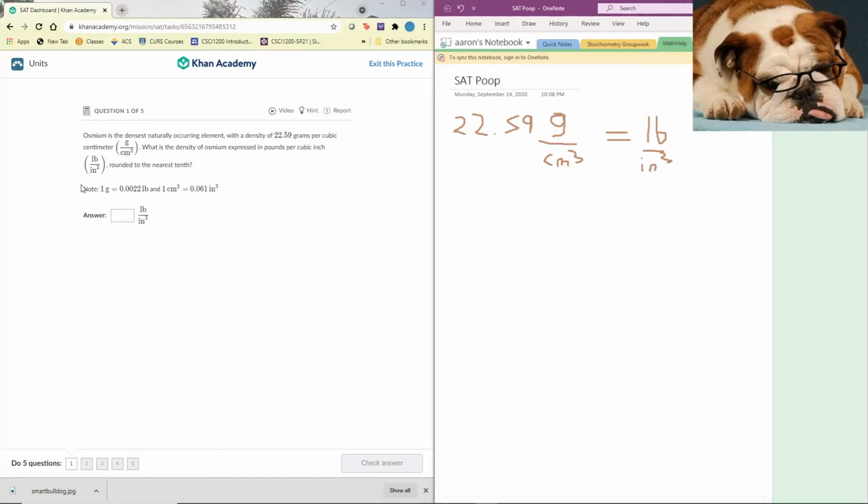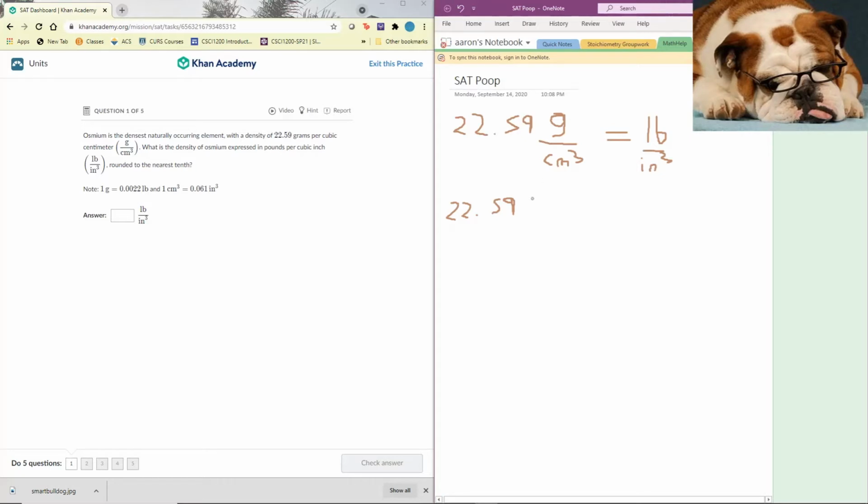Okay, and see down here they gave us what we need to transfer it to that. Let's take this one step at a time. We want the grams to become pounds. We have 22.59, and instead of writing grams, notice 1 gram is equal to 0.0022 pounds.